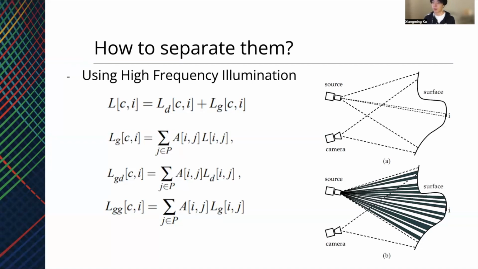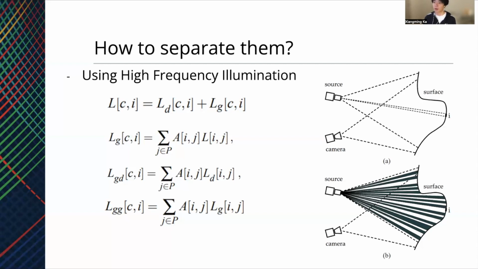Let us divide the surface into a total of N patches, M of which are directly visible to the light source. We denote the radiance of patch i measured by the camera as L_C[i], and its two components as L_D and L_G. L[i,j] is the radiance of patch j in the direction of patch i, and A[i,j] incorporates the BRDF of i, as well as the geometric configuration of the two patches.